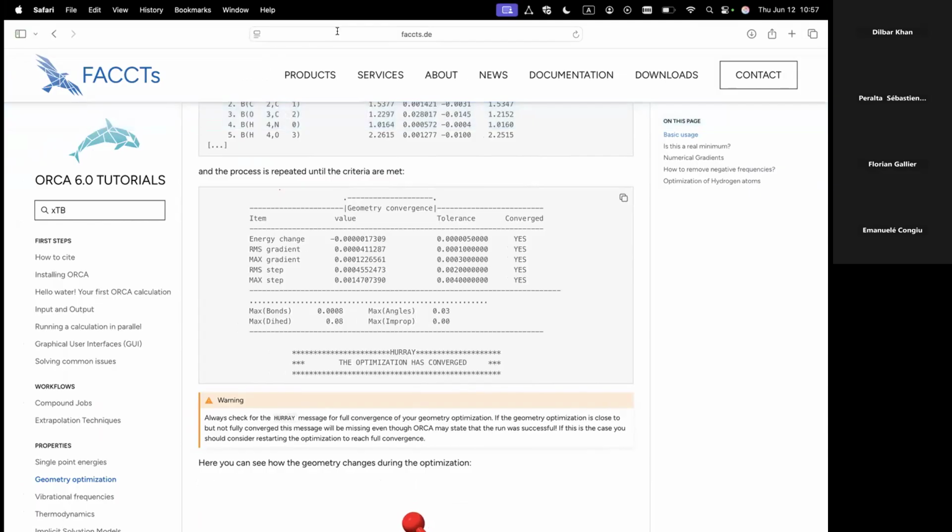Okay, I have questions. Can you say which tutorial you did so far? I am following the geometry optimization. There's a question about zeros.